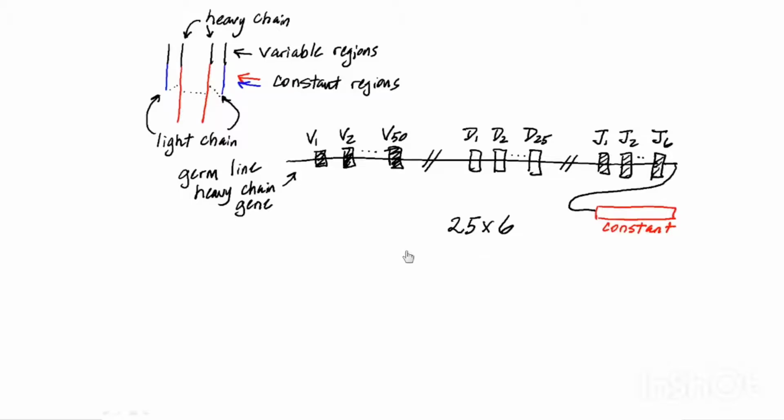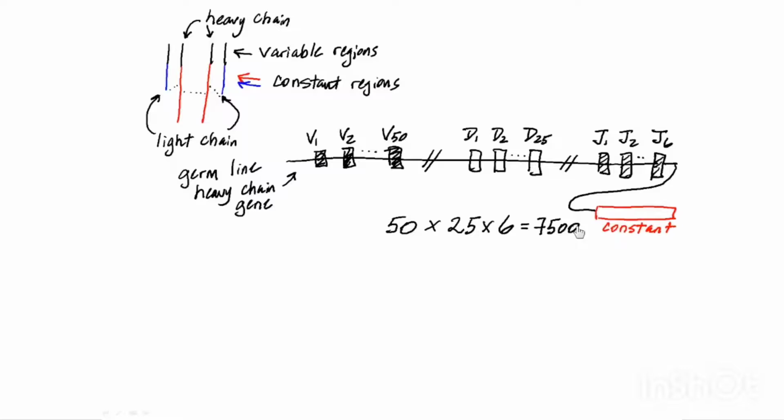But each of these D to J combinations can go with any one of 50 V regions. So you can get a total of 50 times 25 times 6 recombinants from V, D, and J. So 50 times 25 times 6 is equal to 7,500. So from one gene, you can get 7,500 different heavy chains just by combinatorics.